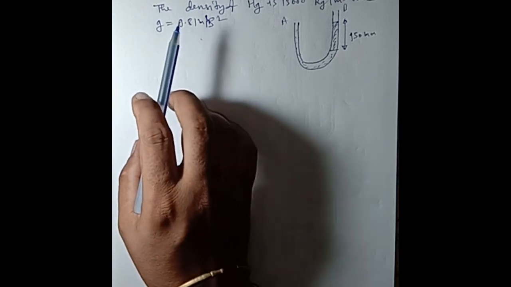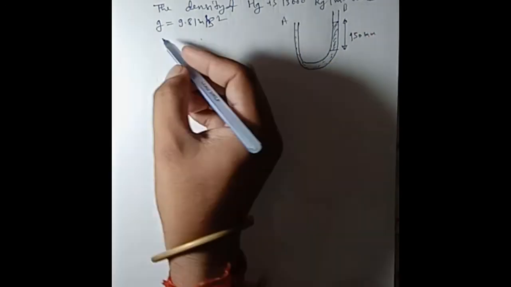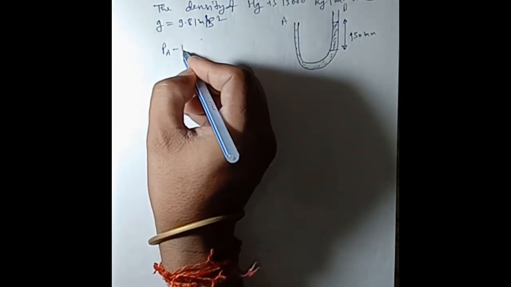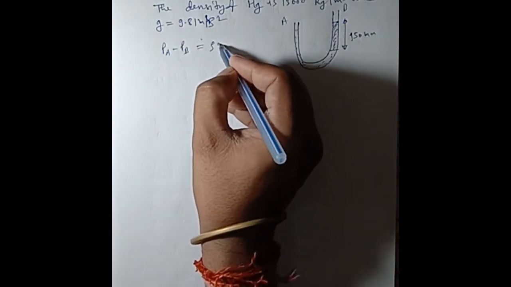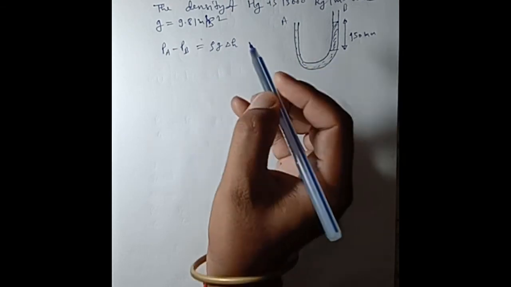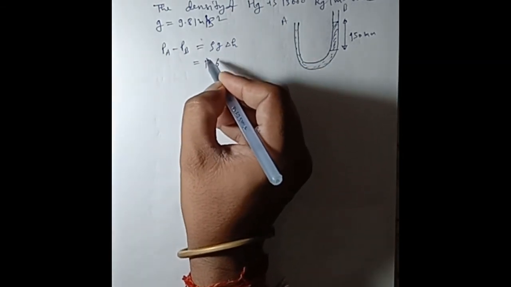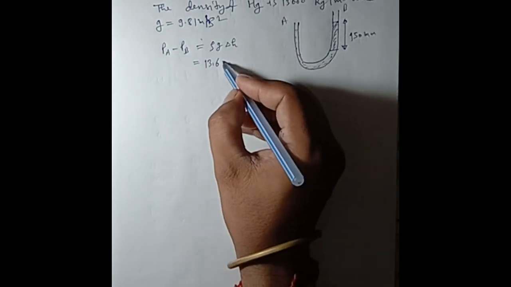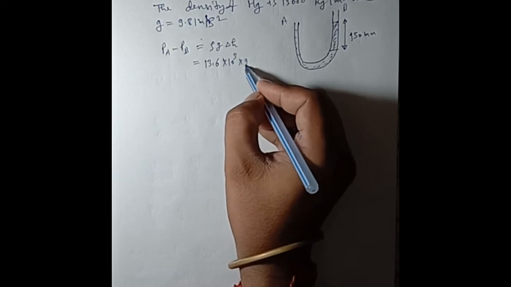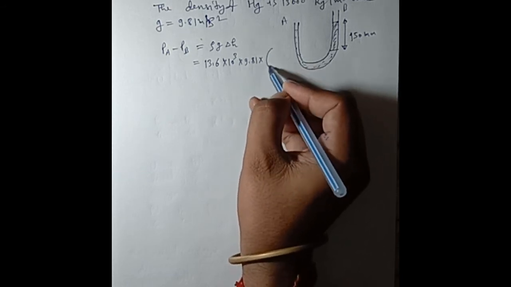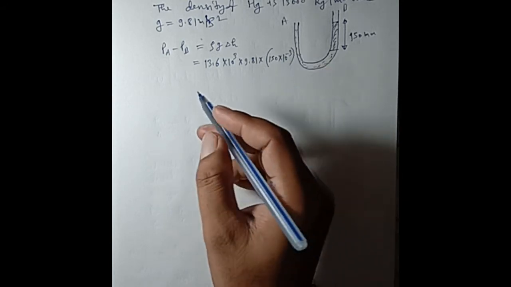Therefore, the pressure difference between point A and B is calculated. Therefore, PA minus PB is equal to rho g into delta H. This is equal to 13.6 into 10 to the power 3 into 9.81 and into 150 into 10 to the power minus 3.